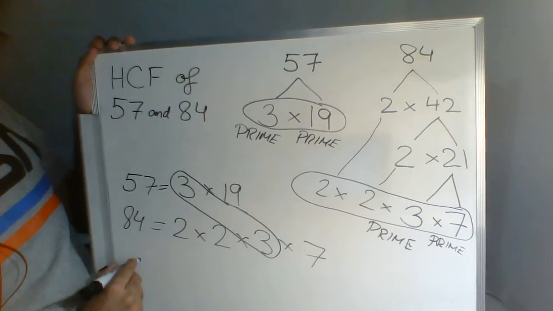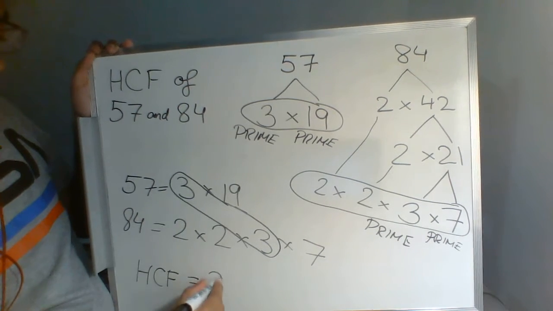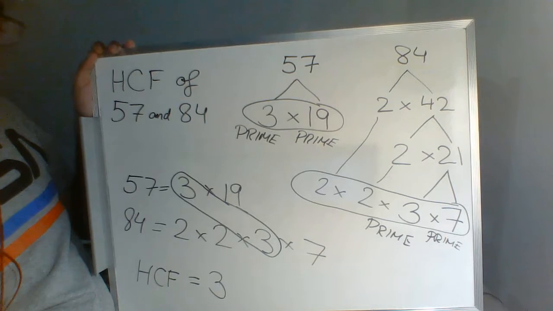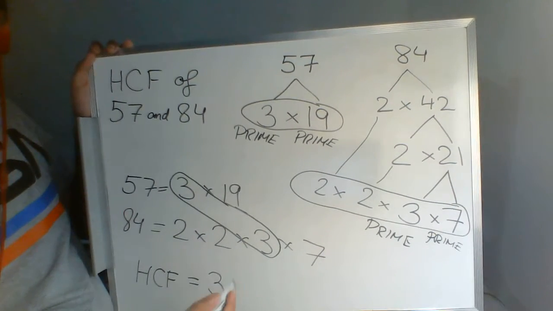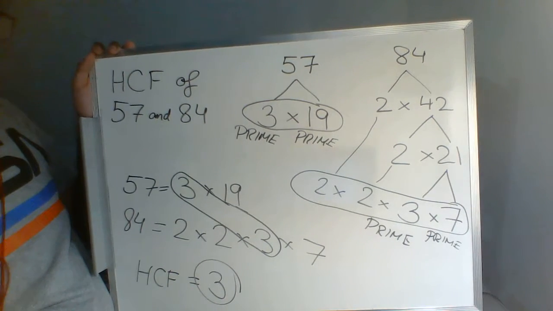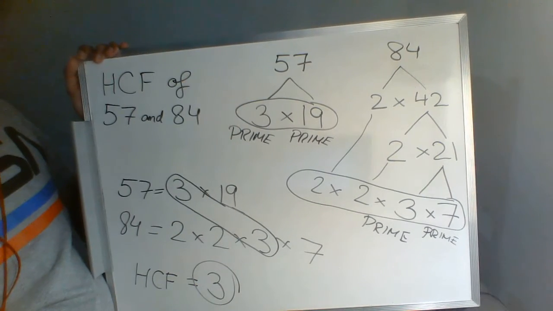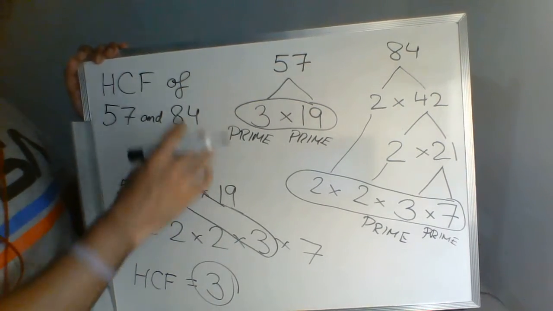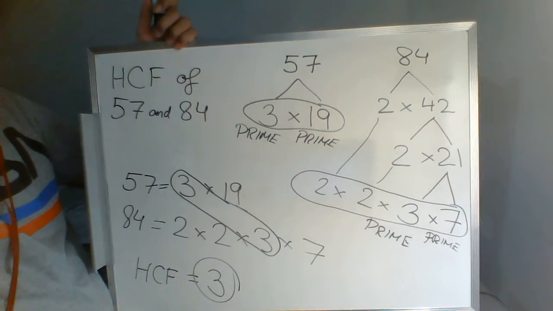So here, the highest common factor: we don't have anything to multiply together other than that 3. We have a bubble containing 3's inside, so we put a 3 down here. That's our highest common factor, just the number 3. There's no bigger number that 57 and 84 can both be divided by and give us a nice number.